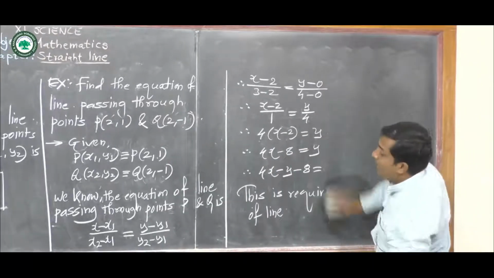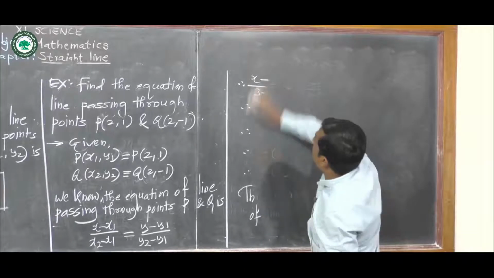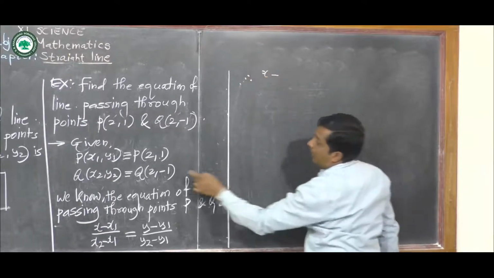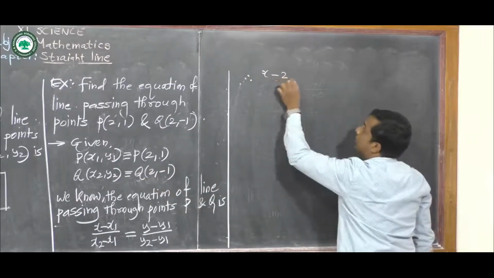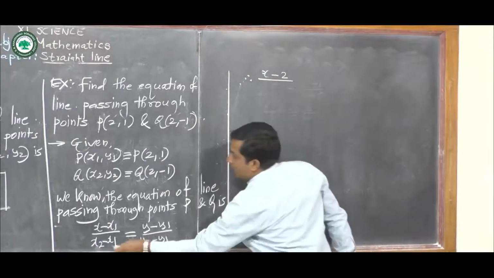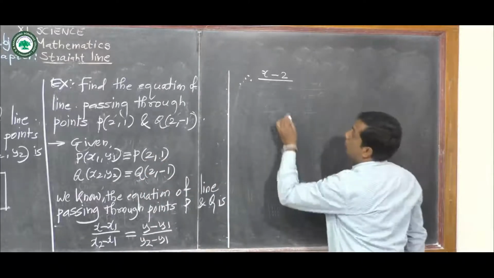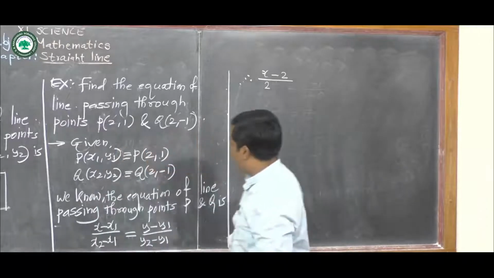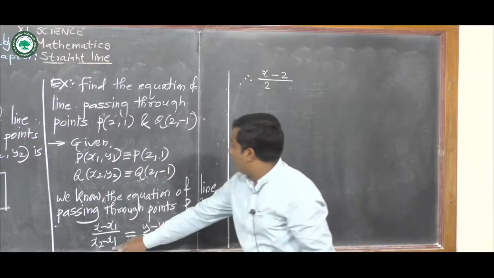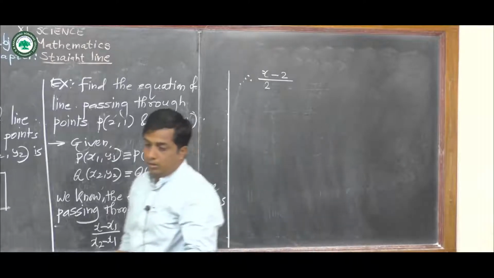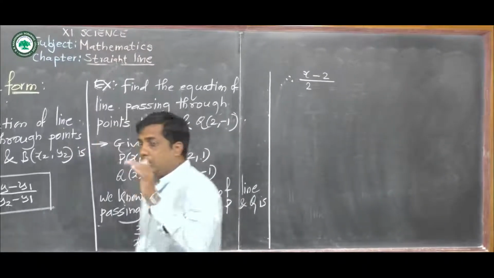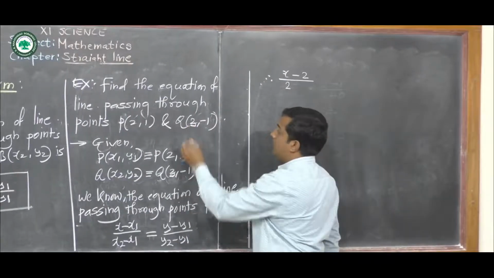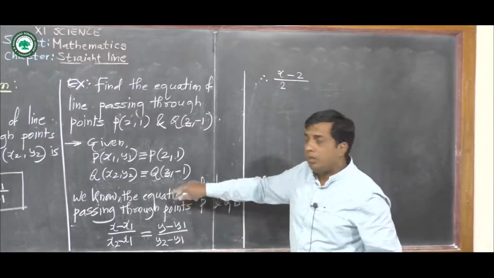Now here we replace x1, y1 and x2, y2. So here x minus x1, we know x1 is 2, divided by x2 minus x1 means 2 minus 2. Let's check the points. Remember here 3 is given for Q. Okay, we correct this part.